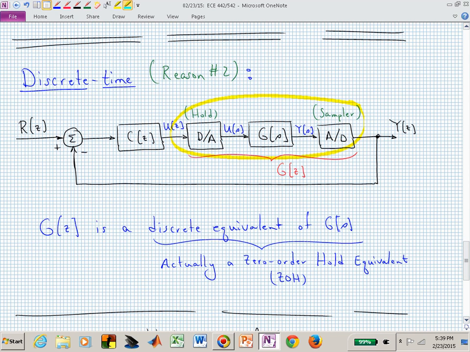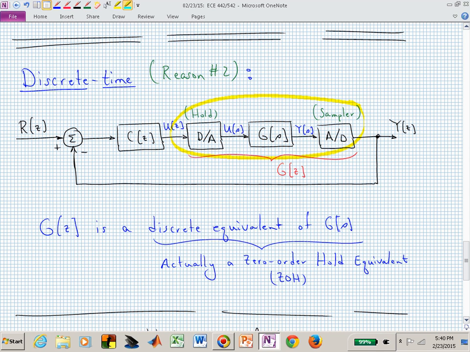How do we convert? We might have a G of S that's an electrical circuit, an electromechanical system, a thermal system, some mechanical system. We have that transfer function, and now we want to convert it into a G of Z. Once we have a G of Z, we'll be able to do whatever we want based on this class.